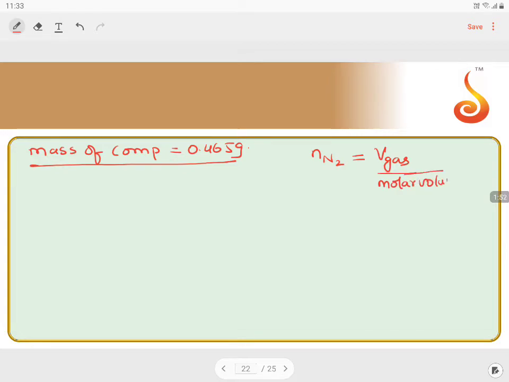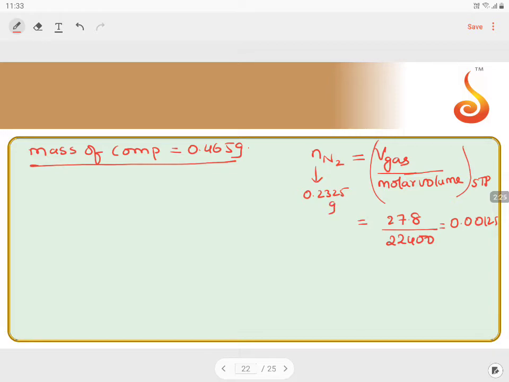But this is for which one? This is coming for 0.2325. Volume of gas is 27.8 by 22,400, which is approximately 0.00125. Now this is for 0.2325 grams.